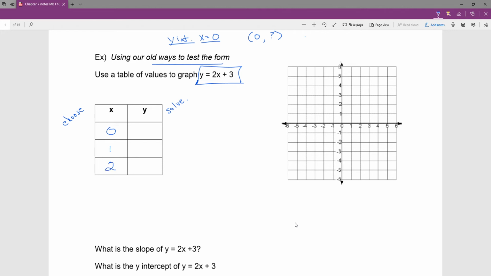In picking this 0, 1, and 2, that allows me then to sub in a 0 where I see the x, and then solve for y. And then I'll sub in a 1 where I see the x and solve for y.